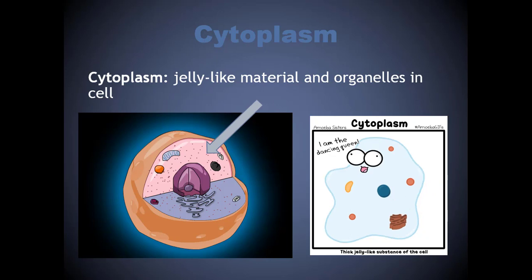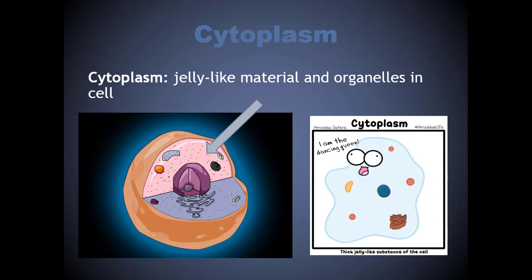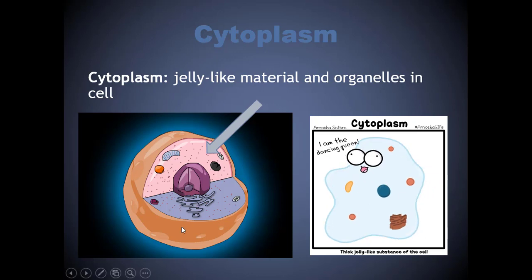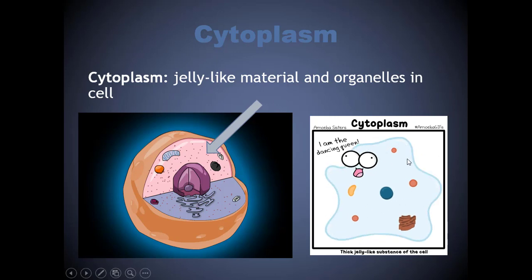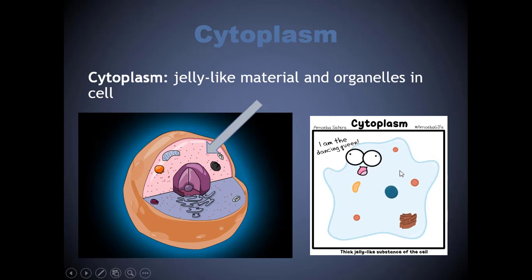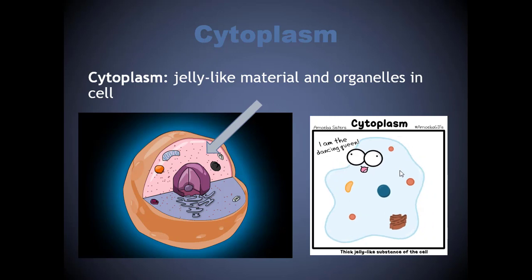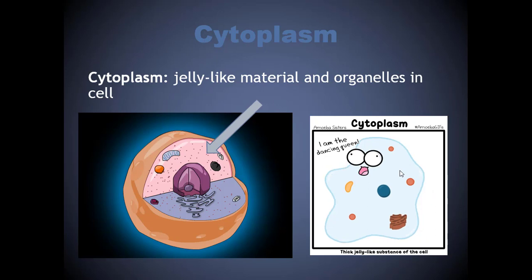So we say that it's a jelly-like material, therefore making it, especially in animal cells, very flexible, therefore can assume different shapes depending on the type of cell. Even though there are some cells that do not have cell wall but still have quite a defined shape, like in red blood cells.